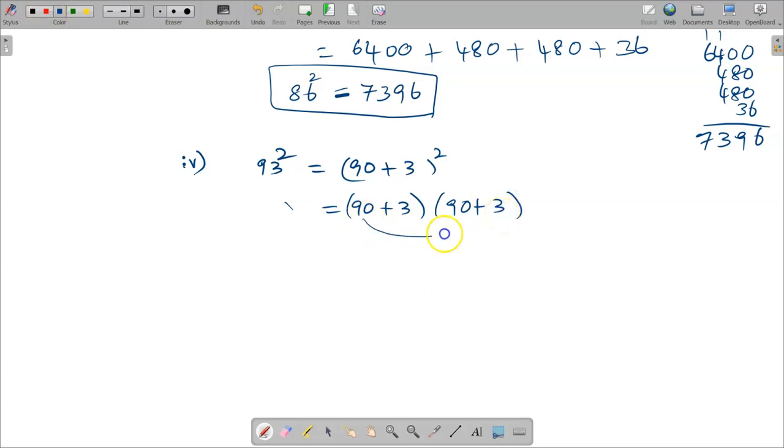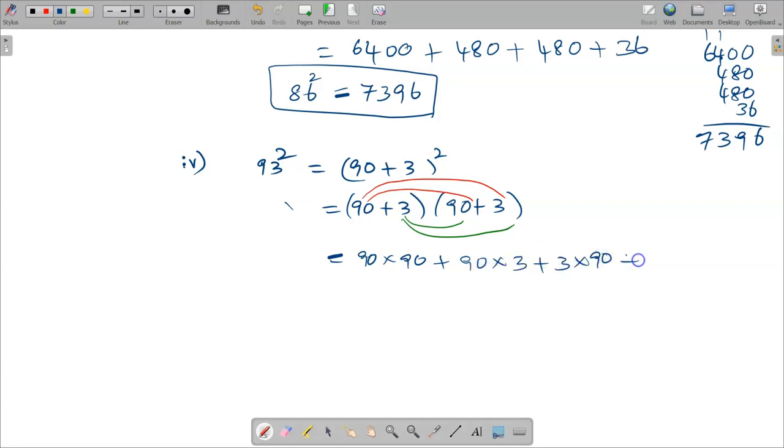So again 90 into 90, 90 into 3 and then 3 into 90, 3 into 3 I have. Okay. So 90 into 90, 90 into 3 plus 3 into 90 plus 3 into 3.